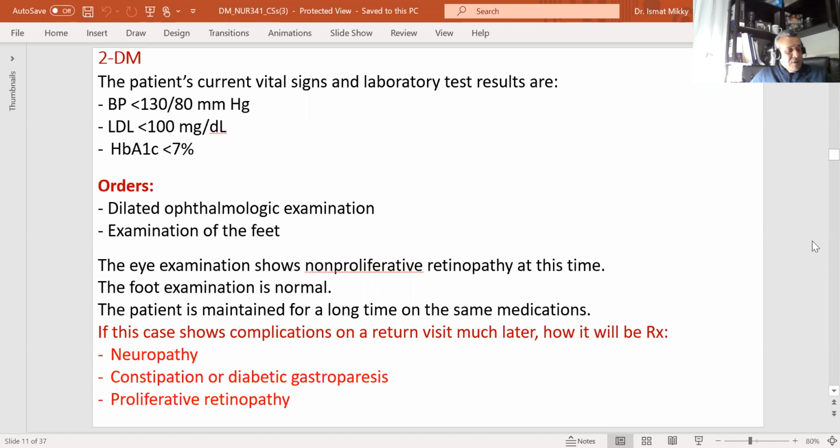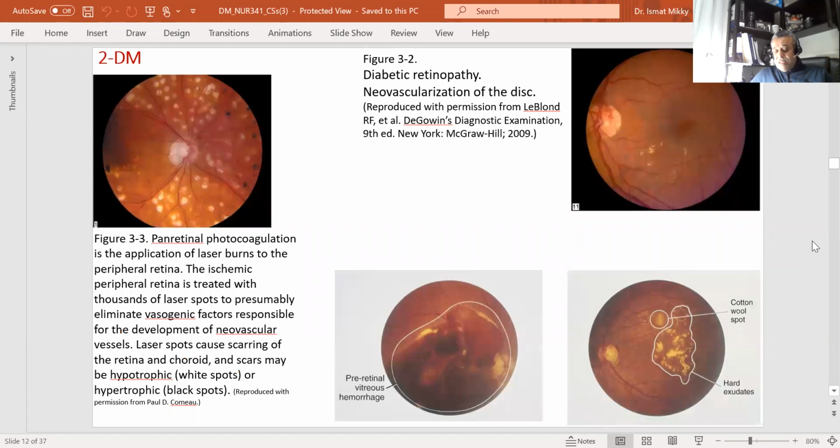Retinopathy, proliferative retinopathy, the patient will undergo laser photocoagulation to correct the problem. And these are some pictures of patients when they develop retinopathy.